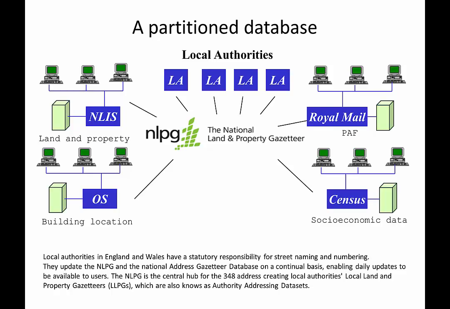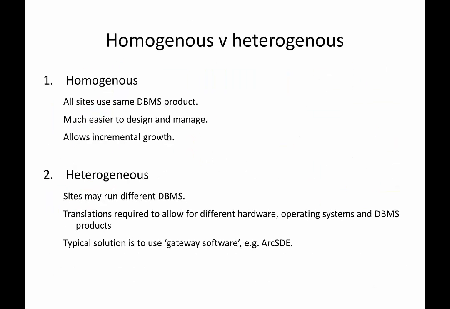All these, plus the local authority data sets, get brought together under this sort of umbrella database called the National Land and Property Gazetteer. So the data on buildings is held by the OS, this is held by here, this is held by the local authorities, but there's a central clearinghouse which integrates these various data sets together into a single system.